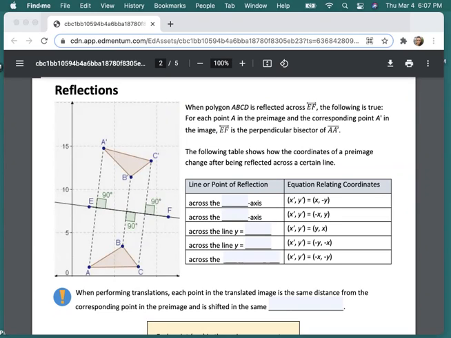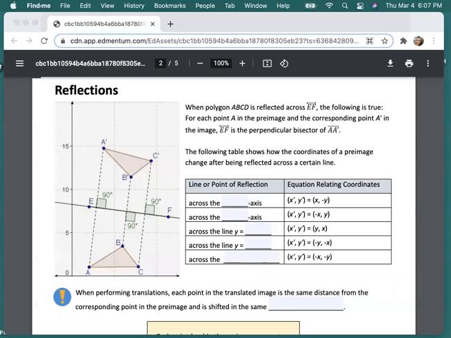So for point A here, it's reflected to the A prime up there. And EF is a perpendicular bisector between the 2 points A and A prime. See right here, this 90 degrees, it's cutting the A line in half, and it's cutting it in half at 90 degrees.